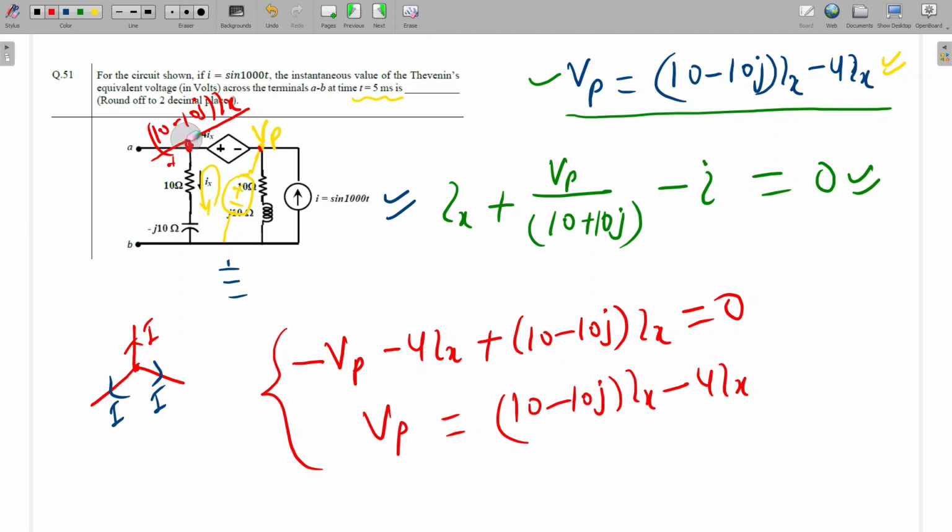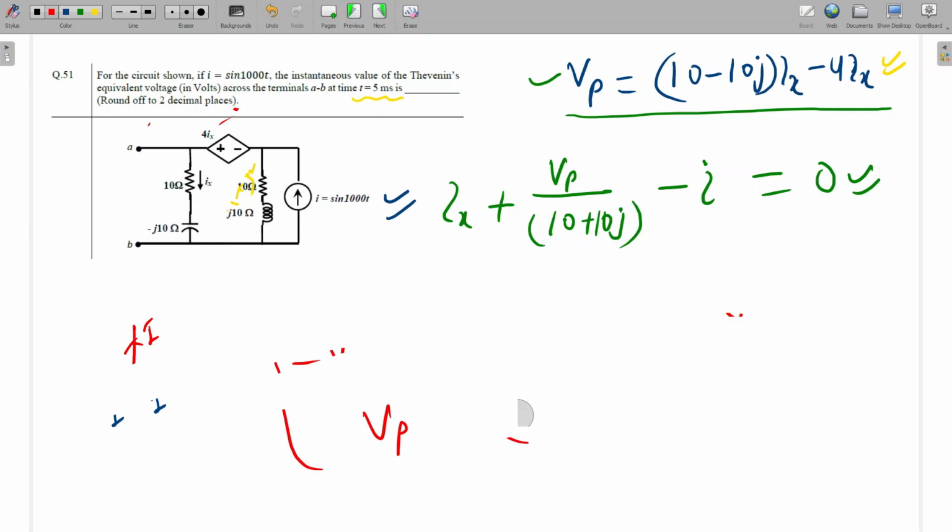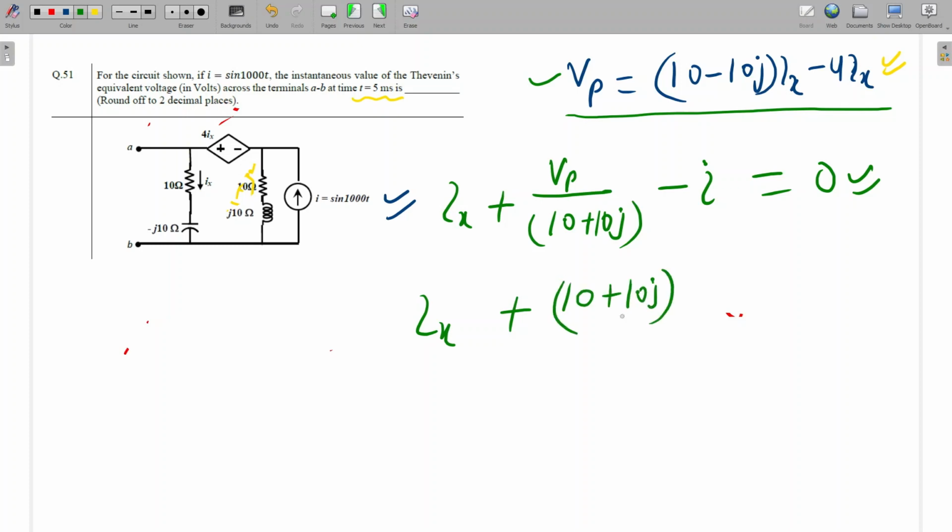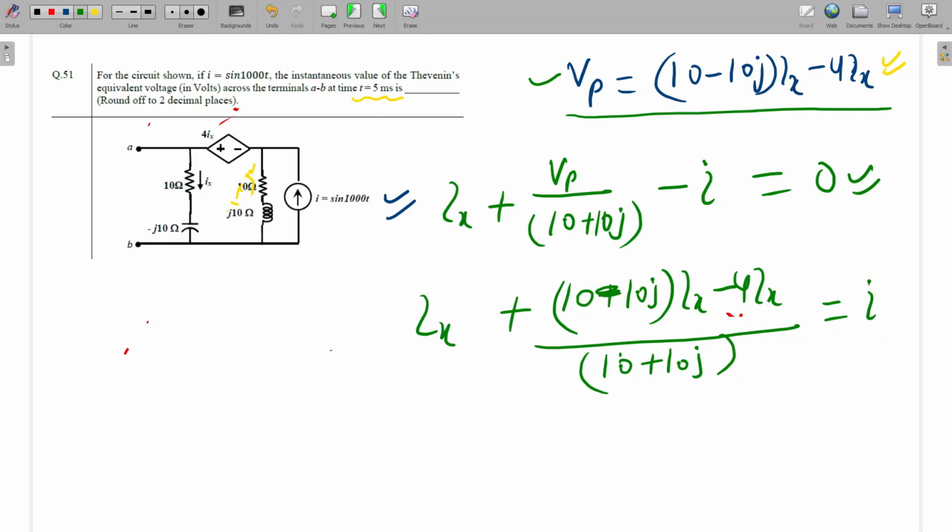Yes, sir. So with this one equation itself, in one or two steps we can get the final answer. I'm writing the further equations. So Vp, plus (10 plus 10j) Ix minus 4Ix divided by, this is (10 minus 10j) at top, divided by (10 plus 10j), is equal to I. Up to now it is clear to all.